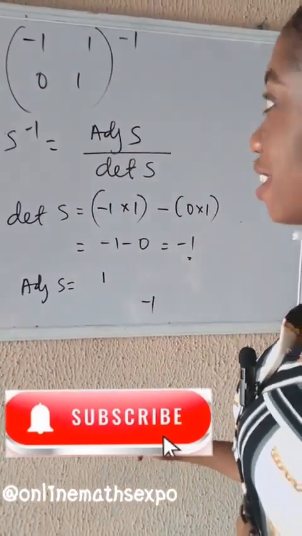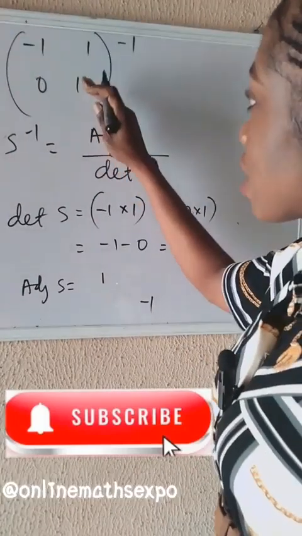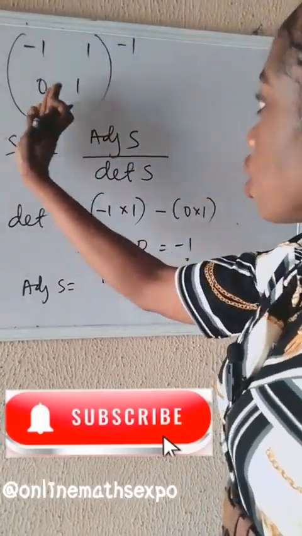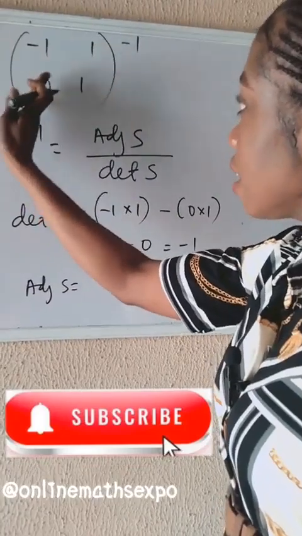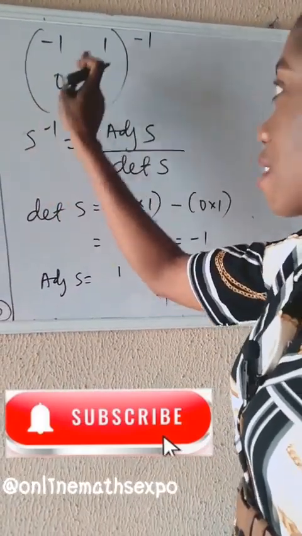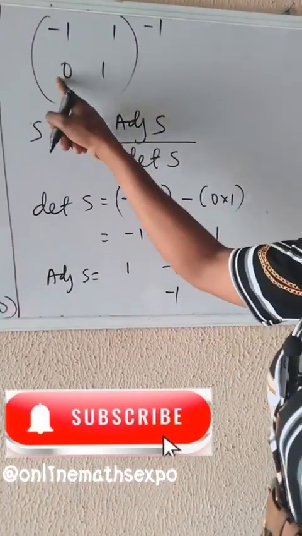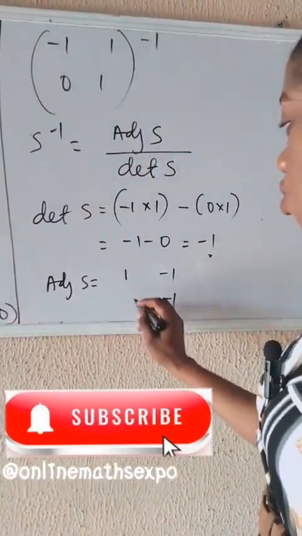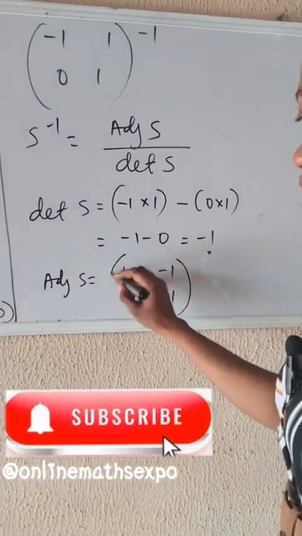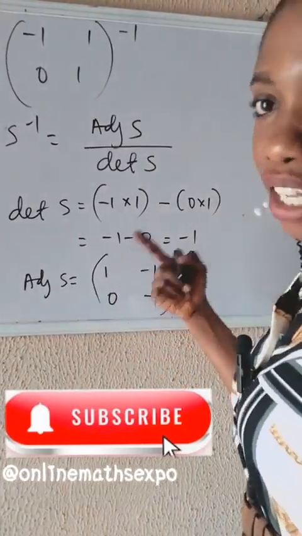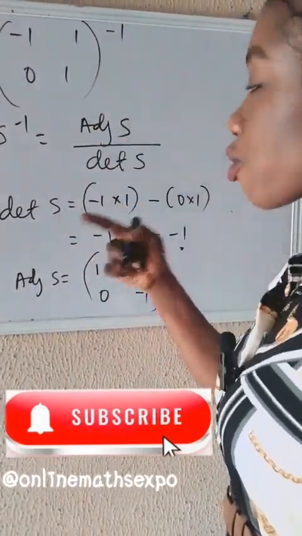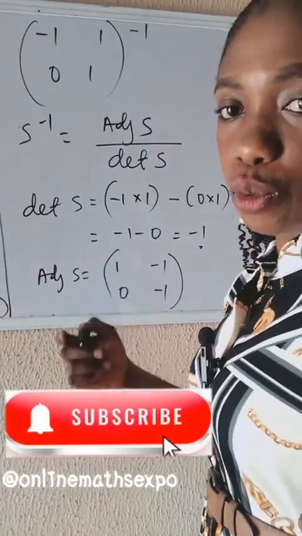I hope you are following. Then, when you interchange the leading diagonal, you negate the other diagonal. Negating means here is positive, it will be negative. Here is 0, so it will still remain 0. So this is the adjoint of a 2 by 2 matrix. This is how to get the adjoint of any 2 by 2 matrix.